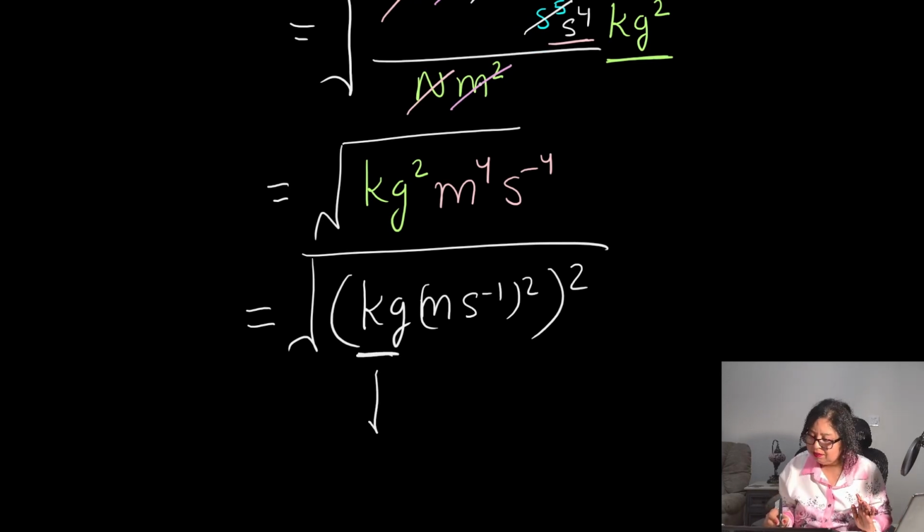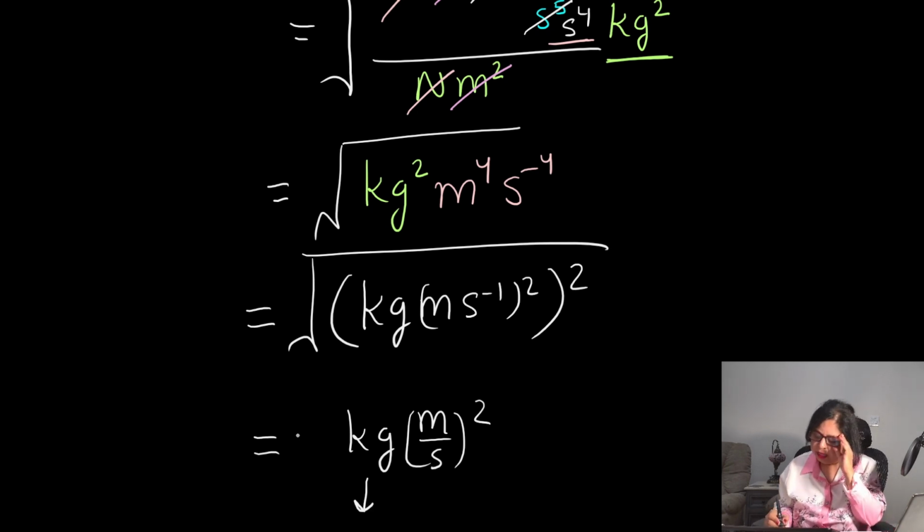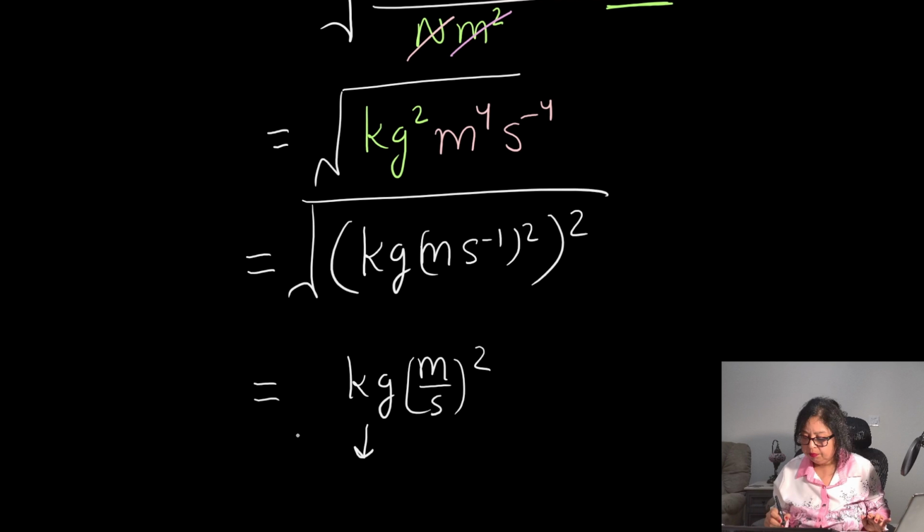This is mass, right? Or before I even do this, which gives you kilograms times meters per second squared. Now look at this. Kilogram, unit of mass. Meters per second, unit of velocity, but it is squared.